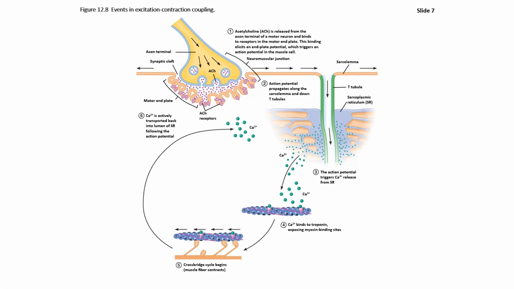And then we have to end this process in a very similar way to how we needed to clear the neuromuscular junction in order to cease this event. We likewise have to drive all that calcium back into the sarcoplasmic reticulum in order to cease muscle contraction. Okay, we've got to clear the excess calcium in order to cease muscle contraction and to allow the troponin to reposition tropomyosin to cover up those binding sites once again, in order to break the interaction between actin and myosin and bring the sarcomere back to its relaxed state.